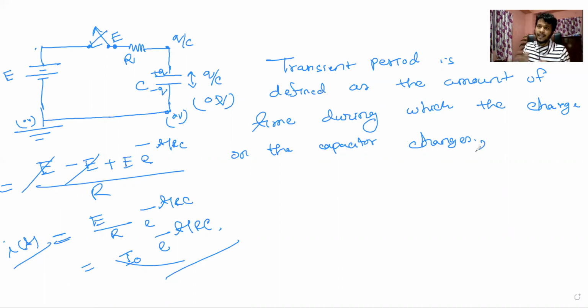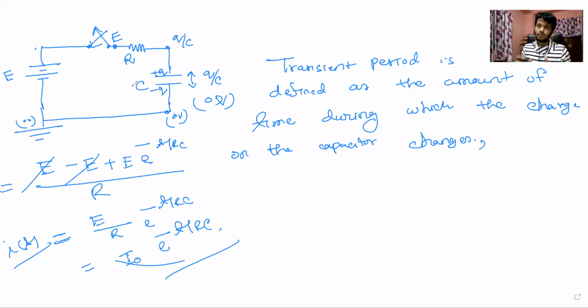The voltage across the capacitor changes, the voltage across the resistor changes, or the current through the capacitive circuit or RC circuit changes. This circuit is also known as a capacitive circuit because there is a capacitor here. So is it clear? Yes, sir.